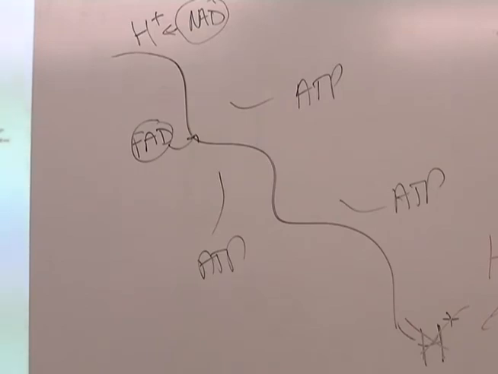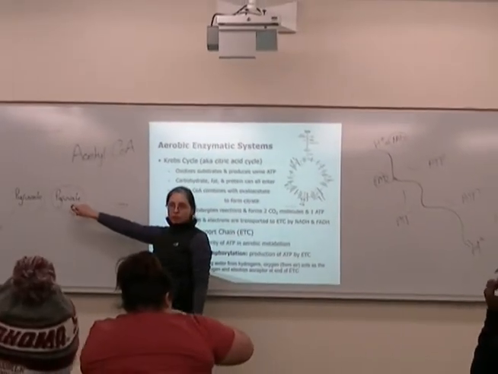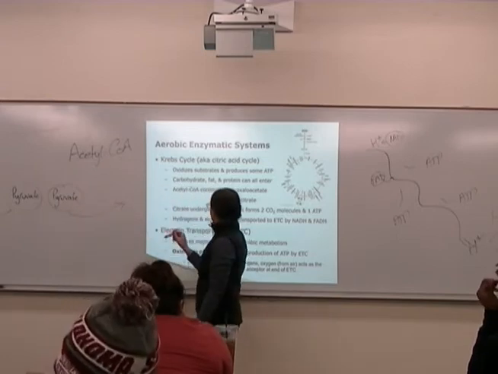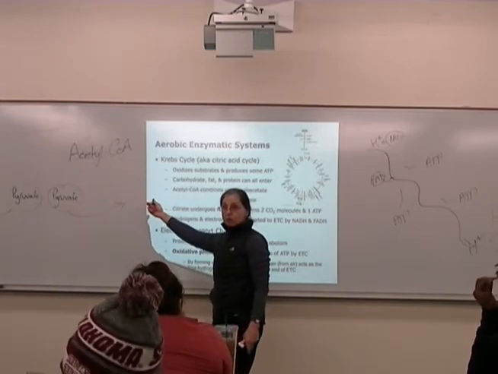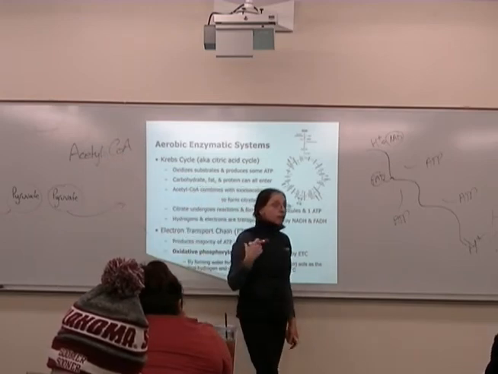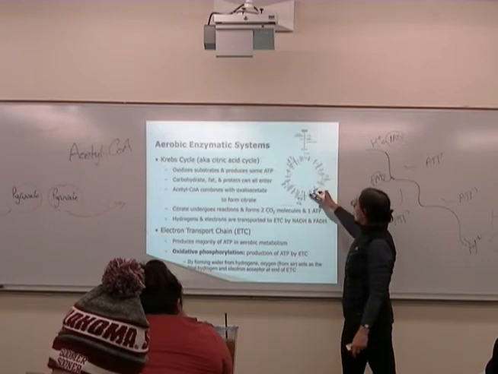So let's say carbohydrate. It could be a fat, right? If it's carbohydrate, I finish with pyruvate at the end of glycolysis. I'm going to carry it over into the mitochondria, and I'm going to turn it into acetyl-CoA. Acetyl-CoA gets fed into Krebs cycle.